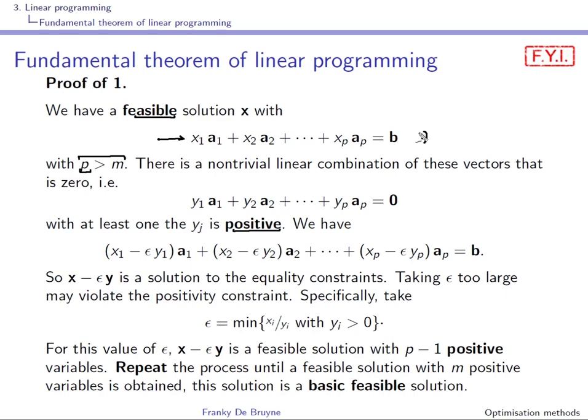We'll call this equation 1, this equation 2, and we can therefore construct equation 1 minus epsilon times the second equation, where epsilon is positive. If the coefficient y_j is negative, then a coefficient of this type is going to grow, because you'll have minus minus plus when epsilon is positive.